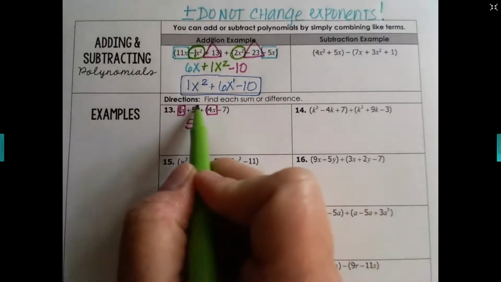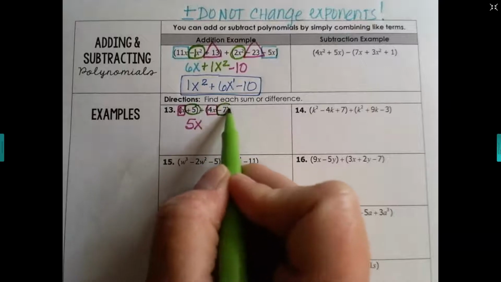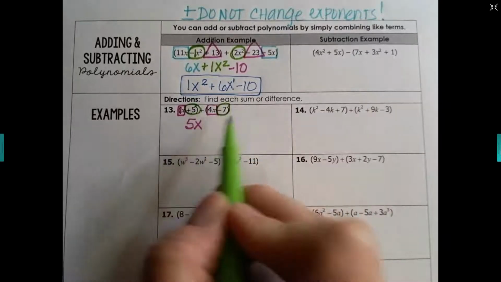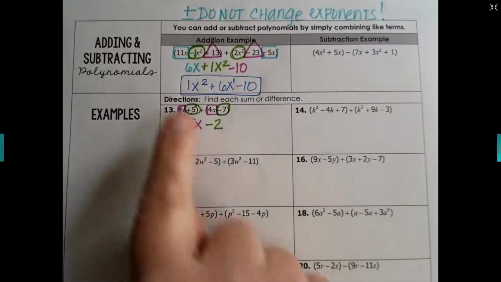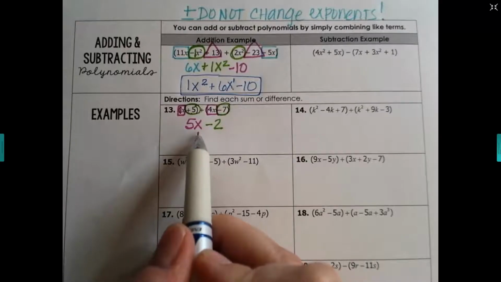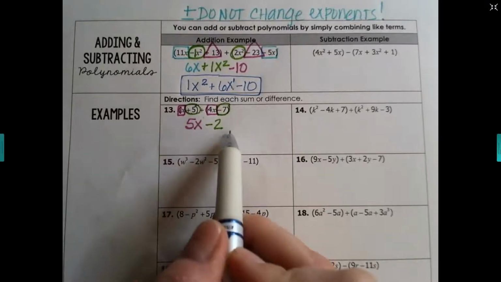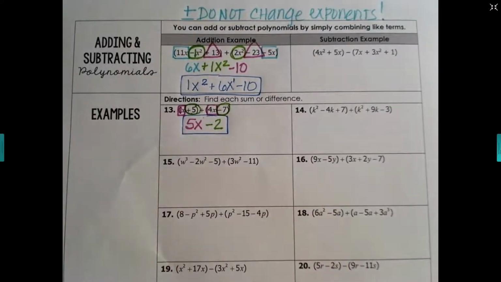And then I have a constant of 5. I'm going to look, and here's another constant of negative 7. 5 minus 7 is negative 2. I've used everything from the original problem, so I'm going to look, is this in standard form? I have 1 exponent, no exponents. That is my final answer.